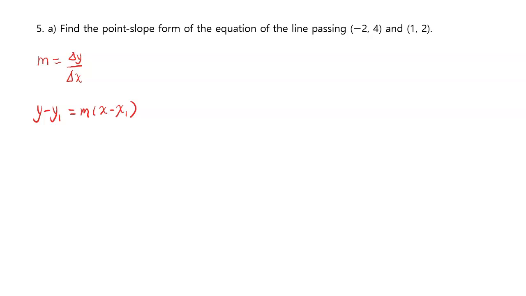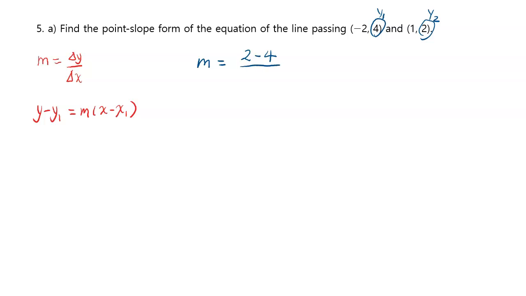First, you have slope m equals the change of y, which is the change of the y coordinates. These are the y coordinates. Let's call this y1 and y2. And change of a quantity is always the final value minus the initial. So it's 2 minus the initial value, which is 4.